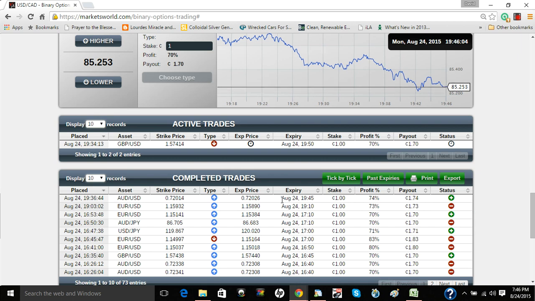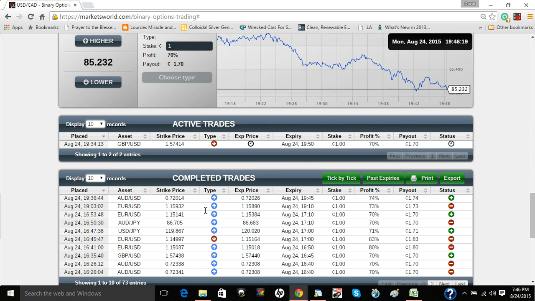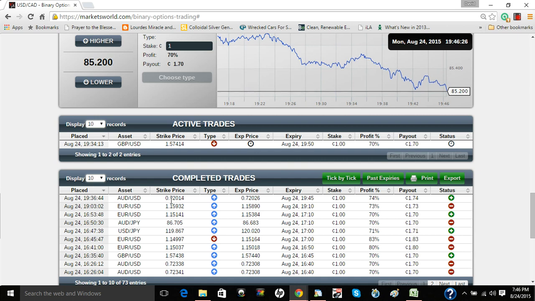Here are the expiry date and time, and the expiration price. It expired at 0.72026, which was slightly higher than the strike price I bet at, 0.72014. It's only about 2 pips higher, so it's not a significant win, but I did win.